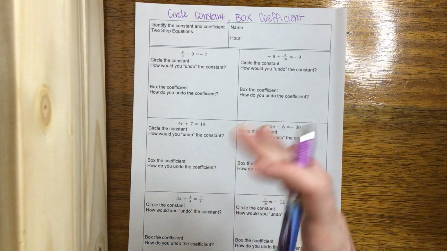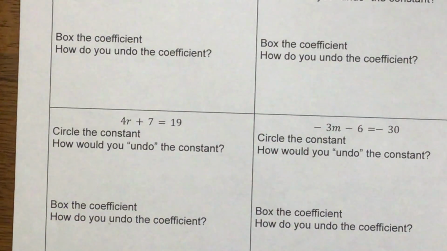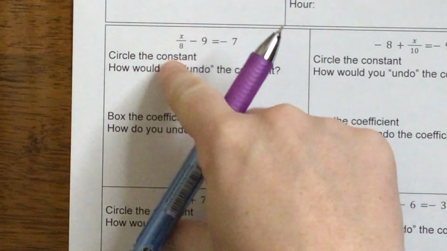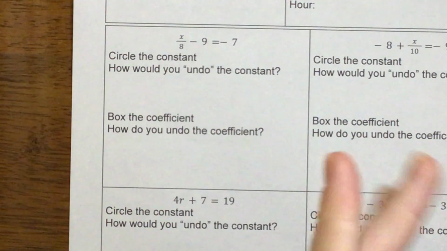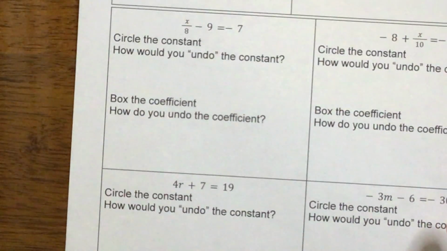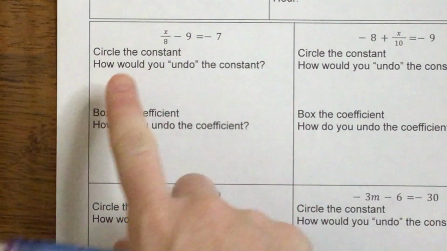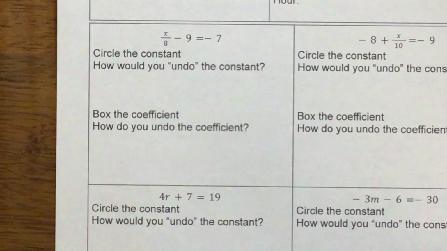Okay, so this is part of identifying parts of two-step equations. As you can see here, I'm dividing but also subtracting with my variable. So that's the whole point, is that we're going to figure out which part is what, and what do I do with it? Okay. So x over 8 minus 9 equals negative 7.